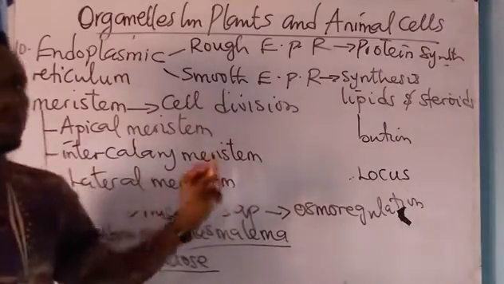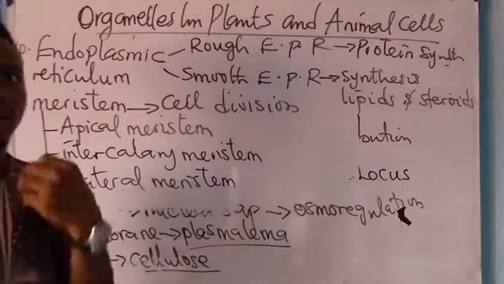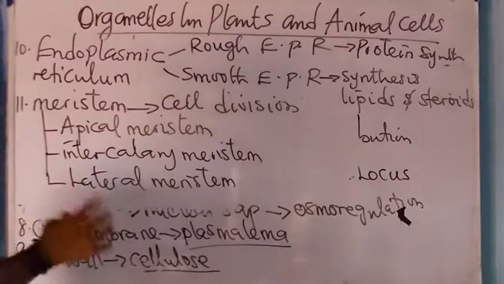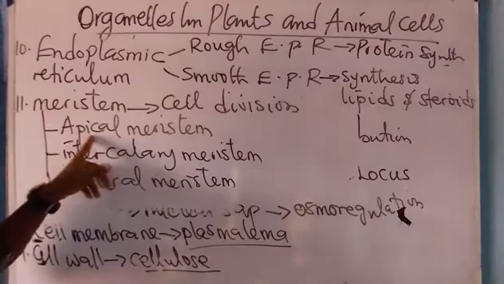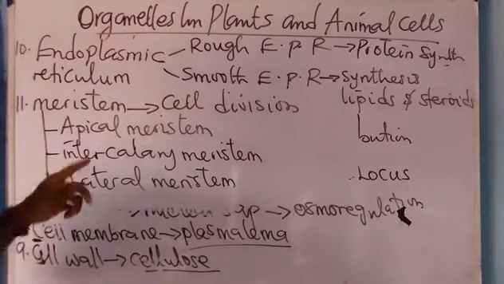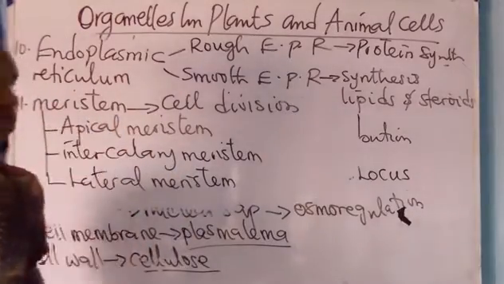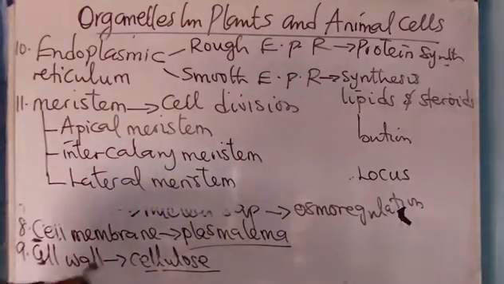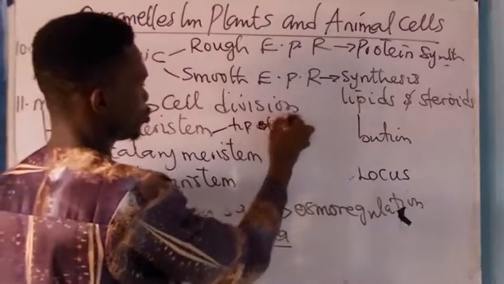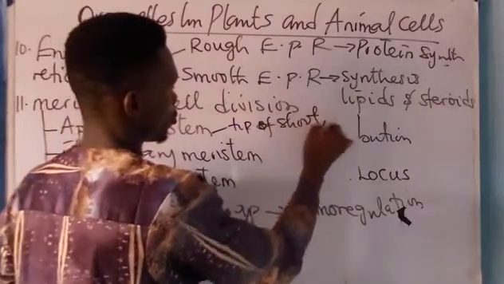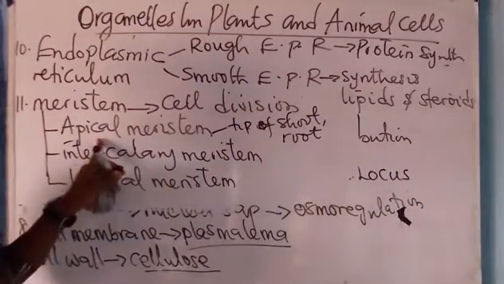Cell divisions, because the cells present in the meristem can undergo active division. They can divide mitotically. All right, so the word apical means what? Apex. So this type of meristem is found at the tip or apex of shoots and roots. That is where you have this type of meristem.